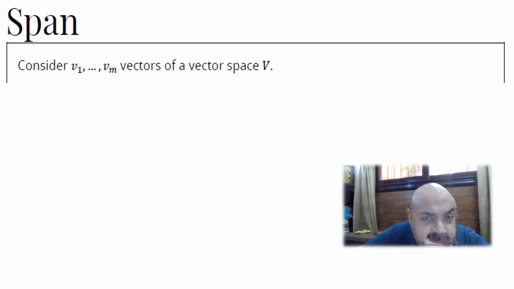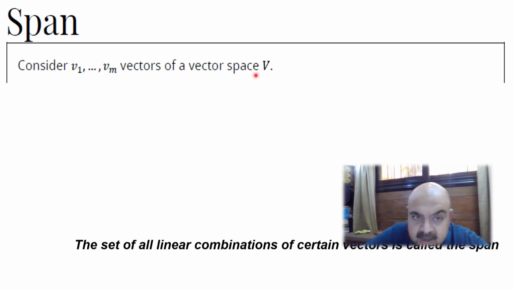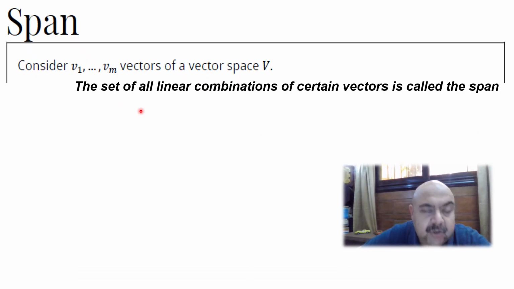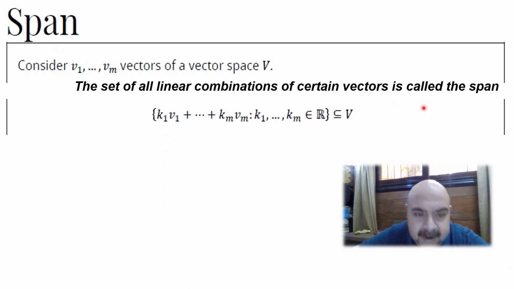Then, after that, we talked about spans. What is the span of a vector space? If we consider V1 up to Vm vectors of a vector space V, then it is really very simple. The set of all linear combinations, which covers both the scalar multiplication and the addition property mixed together, is called the span.